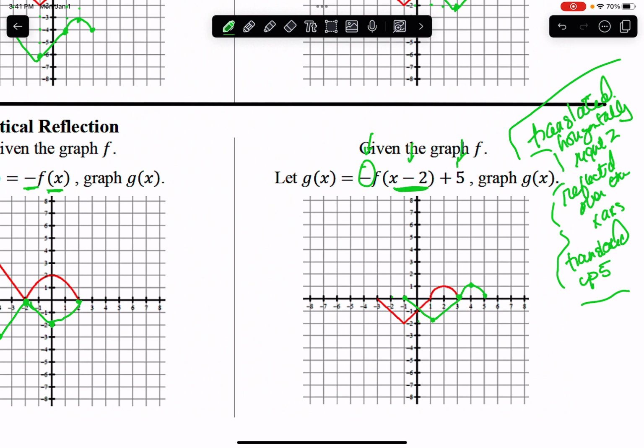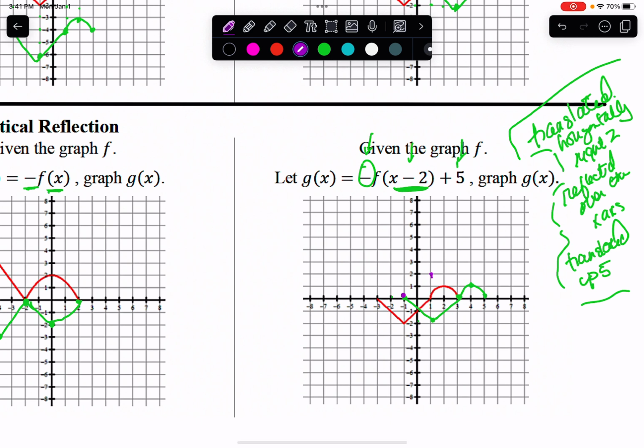Now, I'm going to switch colors, and I am going to reflect it over the x-axis. At 1, I'm here, back down to 0, and here. So there's my reflection over the x-axis, and then I move the whole thing up 5.